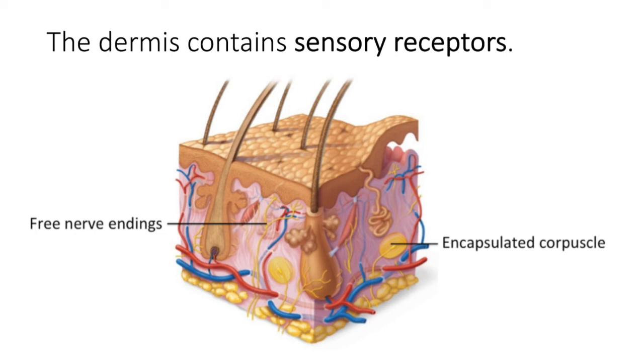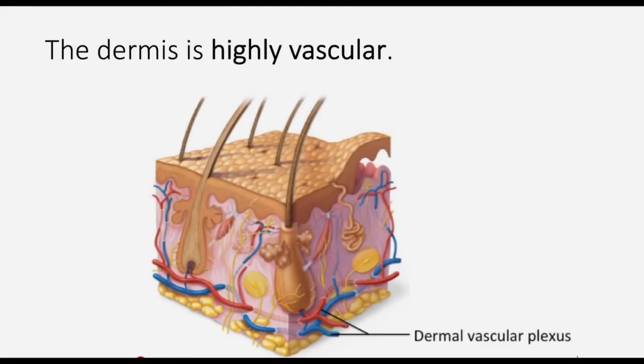Now, lastly, the dermis is highly vascular. We call the capillaries in the dermis the dermal vascular plexus, the arteries and veins of the dermis. They bring nutrients to the skin and away from the skin, and they also are involved with body temperature regulation.